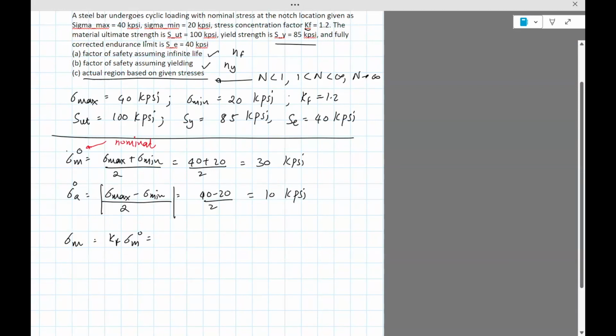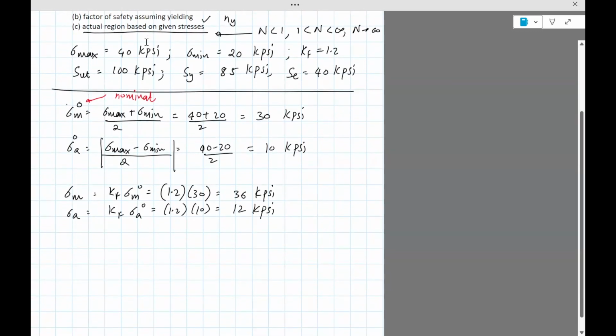So that would be 1.2 times 30, which is 36 kpsi, and sigma average is Kf times sigma AO, 1.2 times 10, so that would be 12 kpsi.